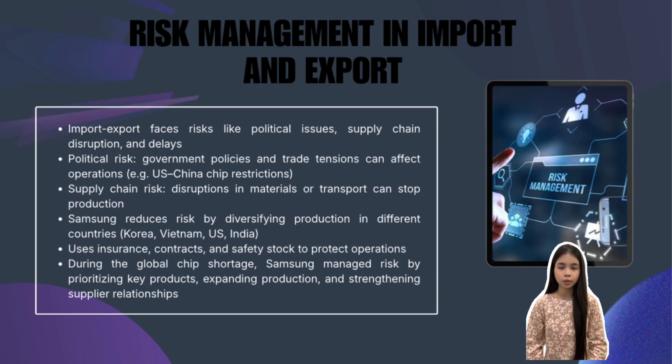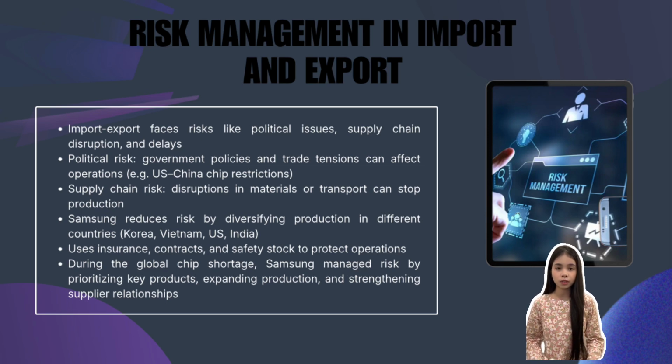Moving on to the next part, which is risk management in import-export operations. Import-export activities involve risks that can affect business operations and profitability, especially political risk and supply chain risk. Political risk occurs when government policies or trade tensions affect business activities.